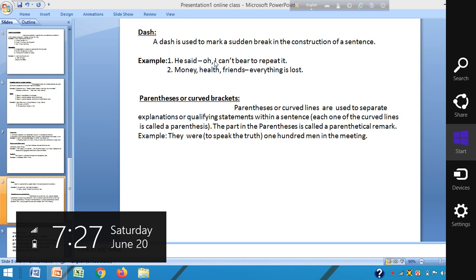Here, you can notice that these two sentences have a certain break. After "he said," we find a break. After "friends," we find a certain break. That means we use a dash where the sentence structure has a certain break.